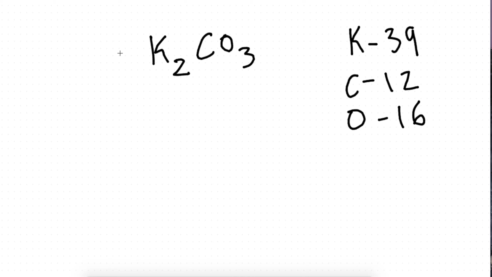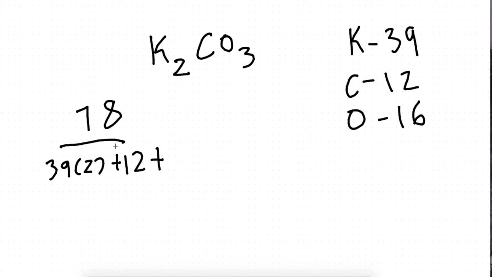So potassium over the total compound, which is potassium carbonate, times 100 will give us the percentage of potassium by mass. What is the value for potassium? 39, but we have a 2 here. So 39 times 2, which is 78, over, what is the total molecular mass? 39 times 2 plus carbon is just 1, so 12, plus oxygen, which is 16, times 3.